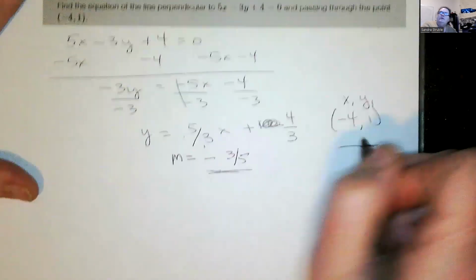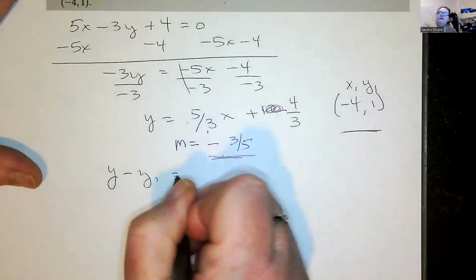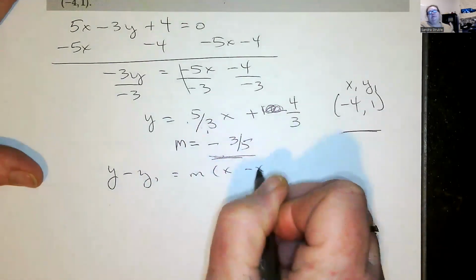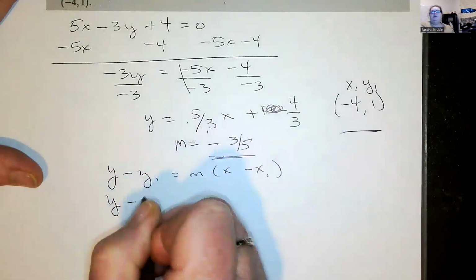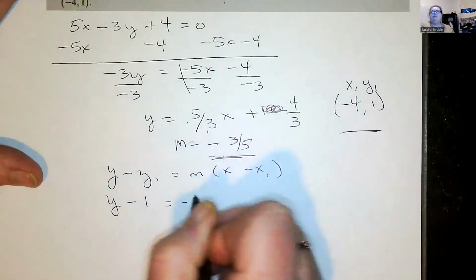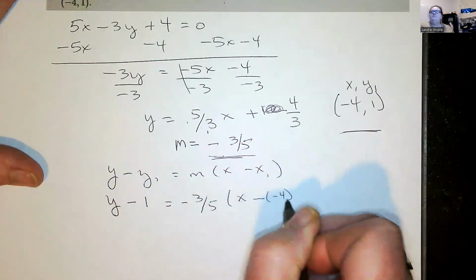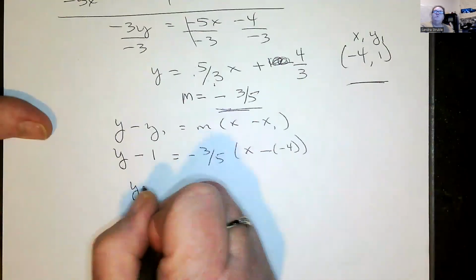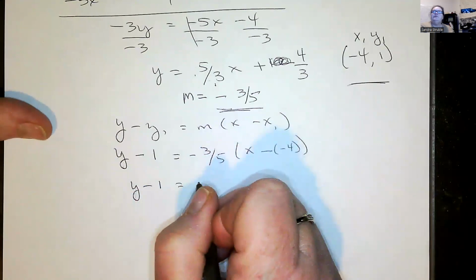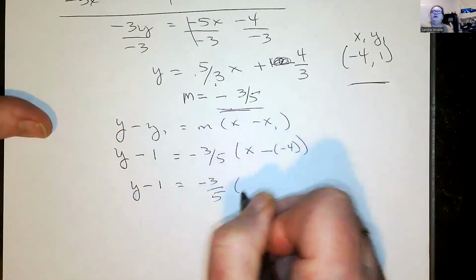So between this slope and this point, let's create y minus y sub 1 equals m times x minus x sub 1. So we have y minus 1 is equal to negative 3/5, x minus a negative 4. So y minus 1 is equal to negative 3/5, x plus 4.